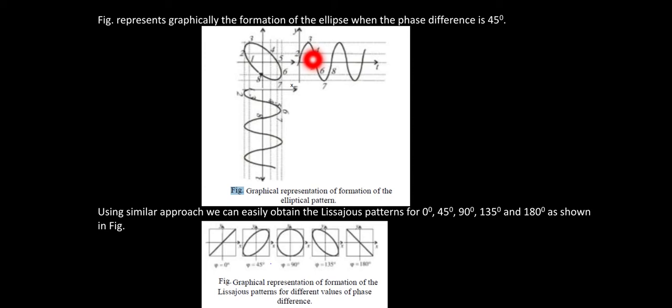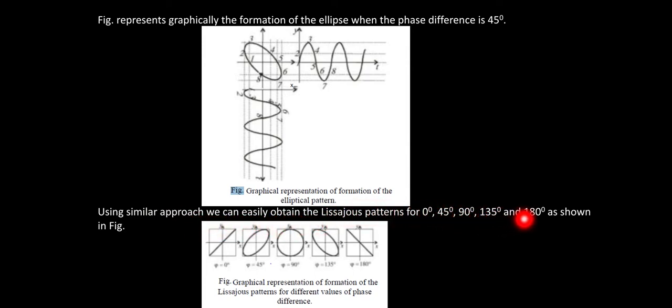This 4th position and this 4th position are at the same time, and the combination of these two is this. 5th is this, 6th is this, 7th is this, and similarly 8th is this. So we get an ellipse.